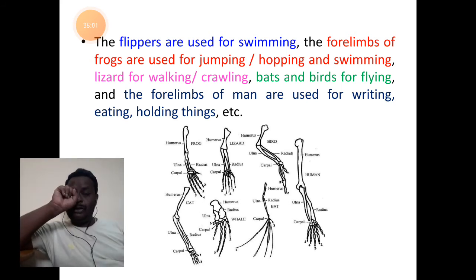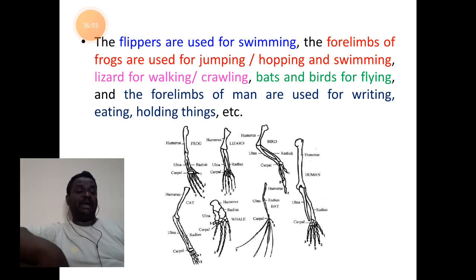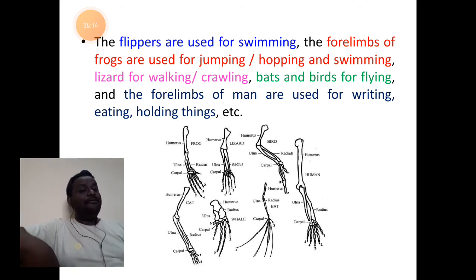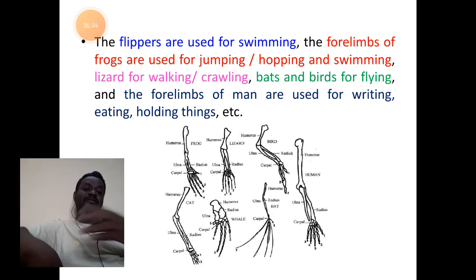Forelimbs of frogs are used for jumping or hopping and swimming. The forelimbs of lizards are used for walking or crawling. Forelimbs of bats and birds are used for flight. And forelimbs of man are used for writing, eating, grasping things, etc. So when you look at the forelimbs of different vertebrate classes, they show different functions.